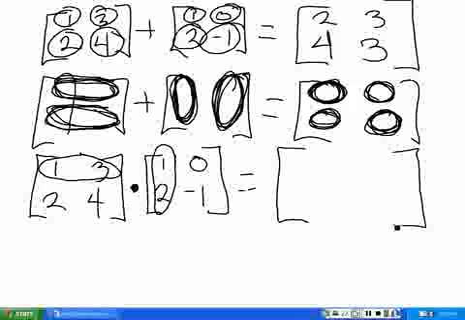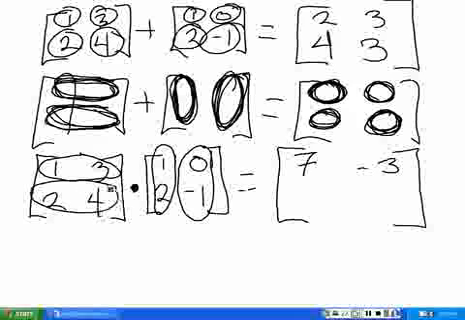I multiply the two ones, so 1 times 1 is 1, and 3 times 2 is 6. I add those numbers together, and that gives me a 7. Now, for the first row times the second column, I take 1 times 0, which is 0, plus 3 times minus 1, which is minus 3, and that gives me minus 3.